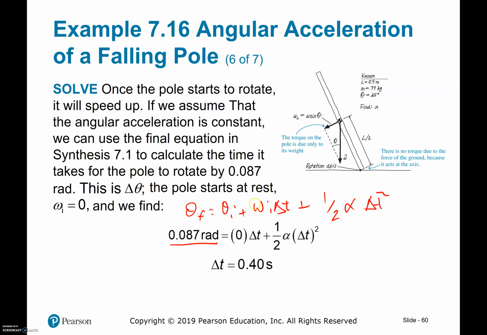So this is 0, this is 0, and all I'm left with is this one here, and I can solve for delta t and find that it is 0.4 seconds.